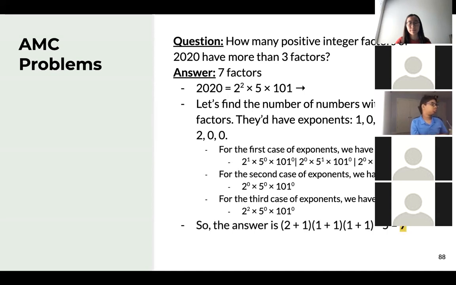So that is our answer. Then we find the total number of factors, subtract the number of numbers with less than 3 factors, and then we get how many have more than 3 factors.